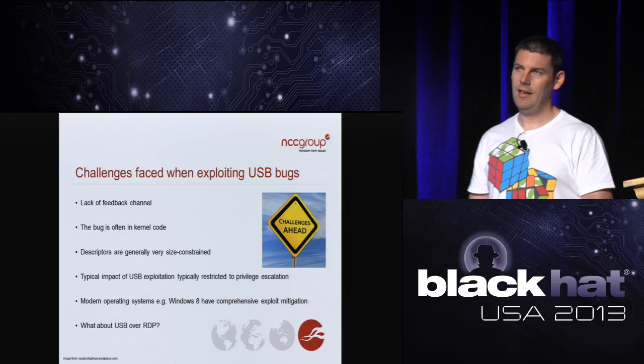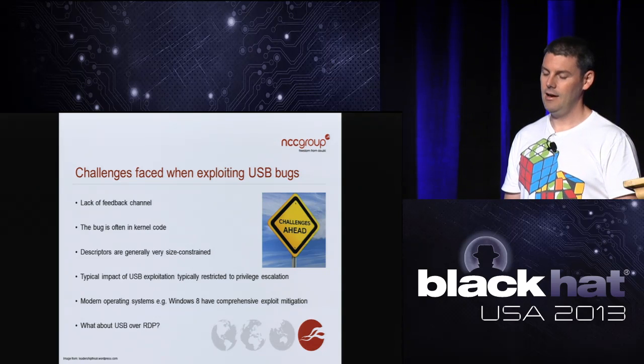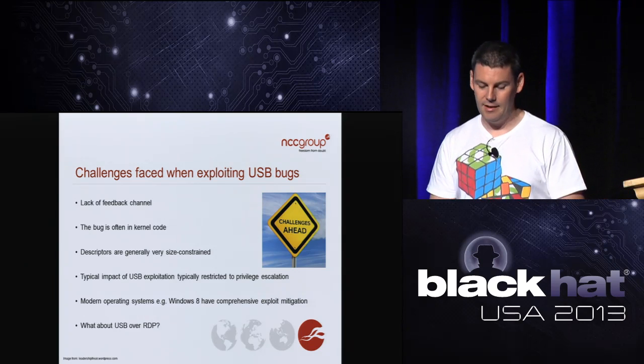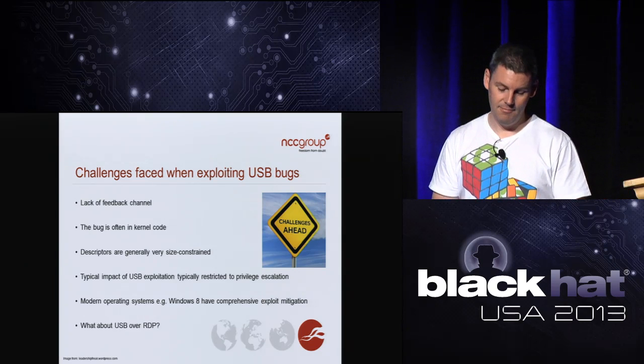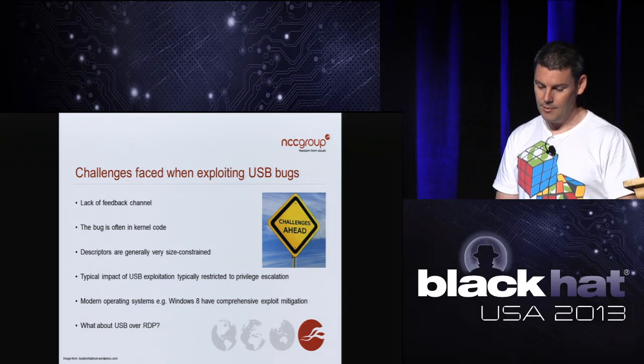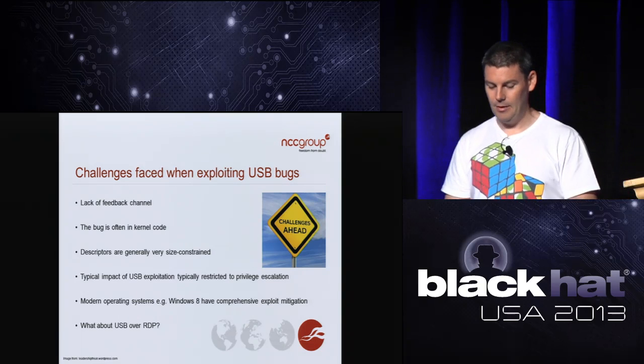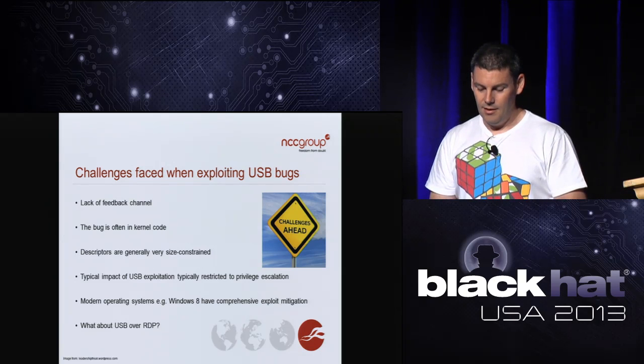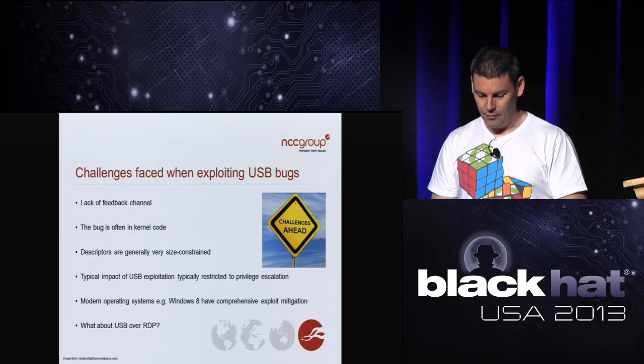So unless it's within the class-specific information, for which there's a bit more flexibility, that's something that makes your life quite difficult. As I mentioned, the typical impact is privilege escalation, and the exploit mitigation stuff I've also mentioned.